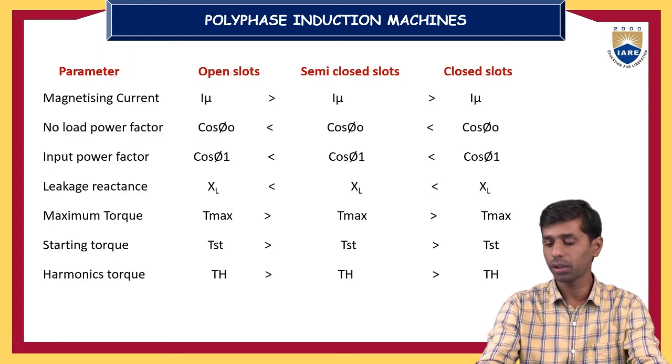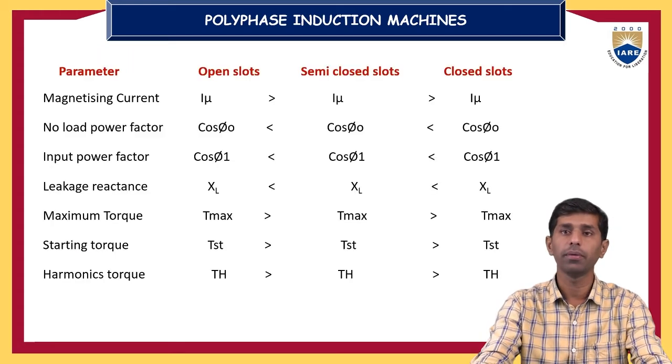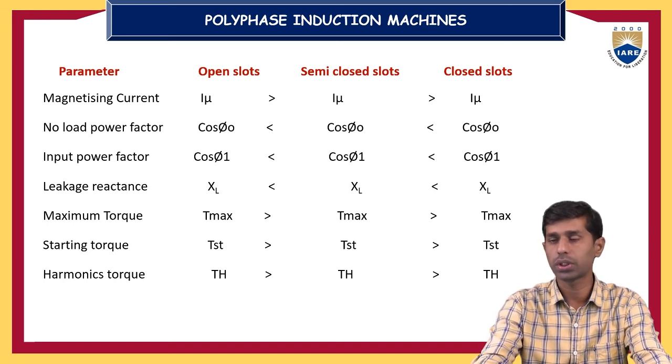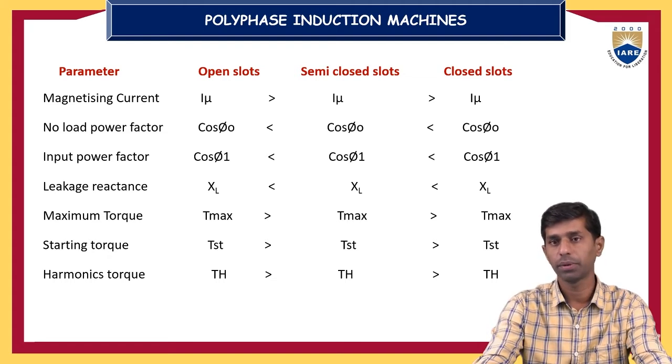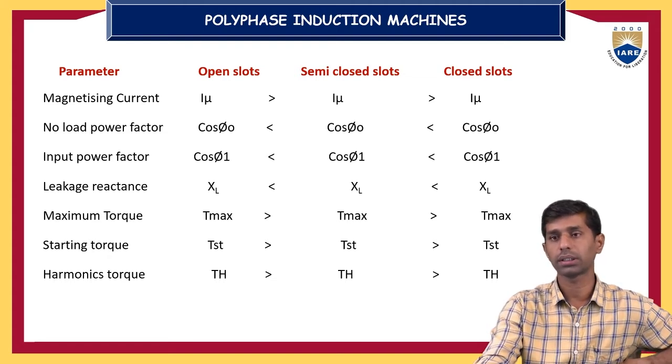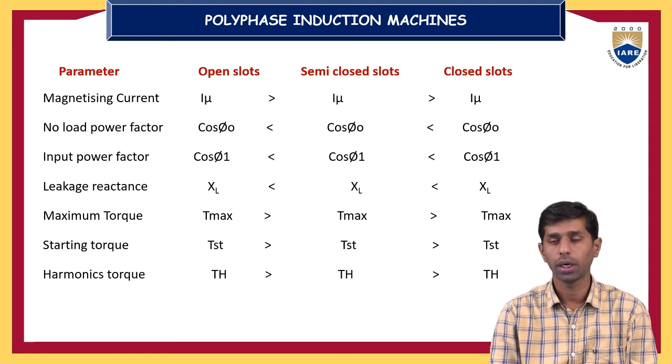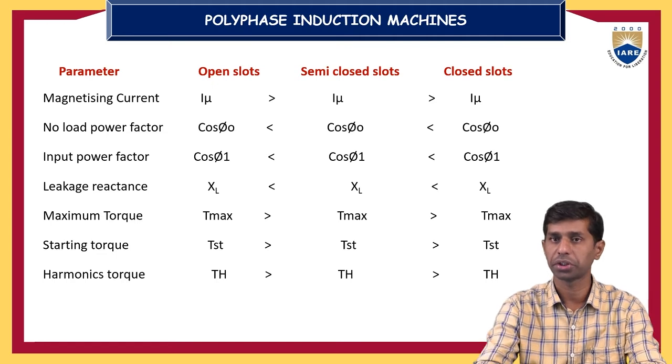So you can see here the comparison table for open slots, semi-closed slots, and closed slots in different aspects like magnetizing current, no load power factor, input power factor, leakage reactance, maximum torque produced, starting torque developed, and harmonic torque developed in the induction machine.